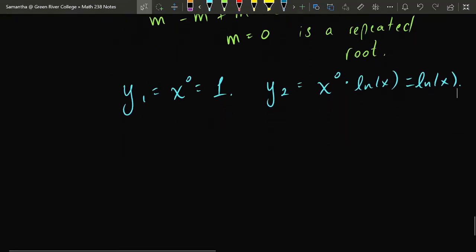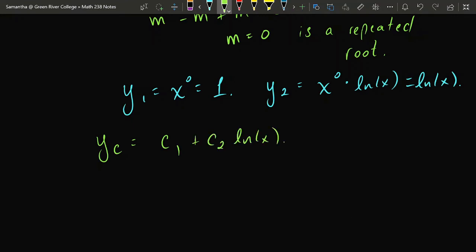So now we have our complementary solution. Our complementary function is c1 times 1 plus c2 times natural log of x. Next, let's use variation of parameters to find one particular solution.